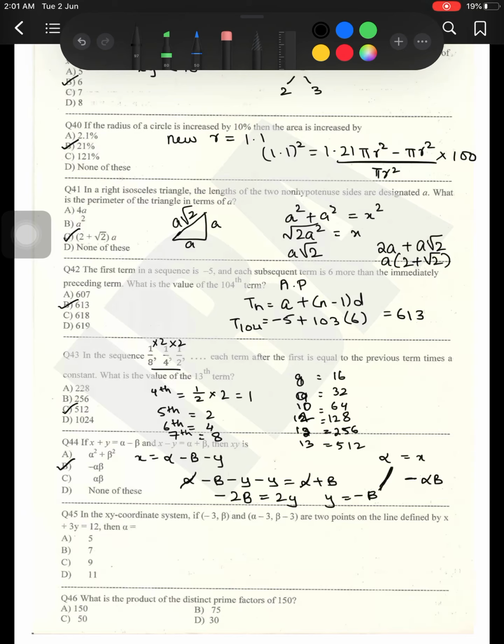This next question, he says that you have to find out x plus 2y is equal to 12 and what is the value of this.